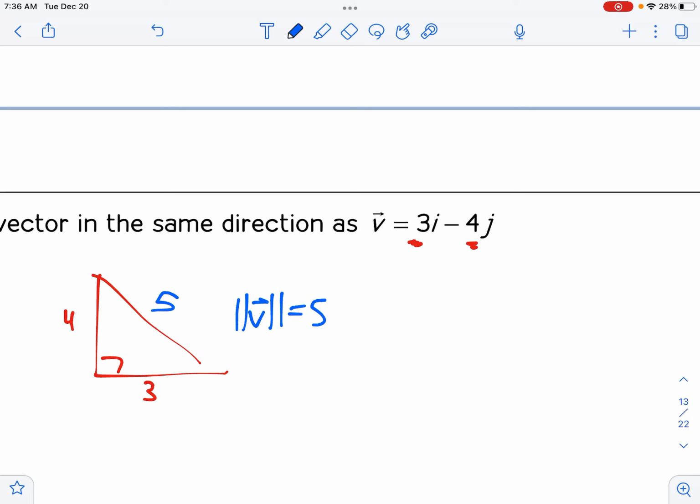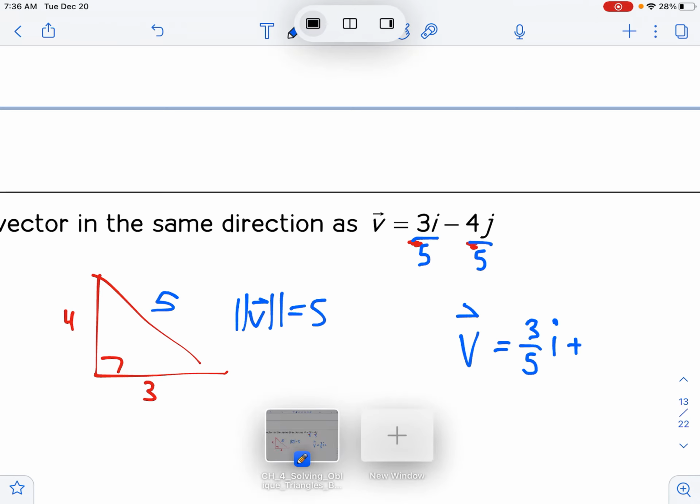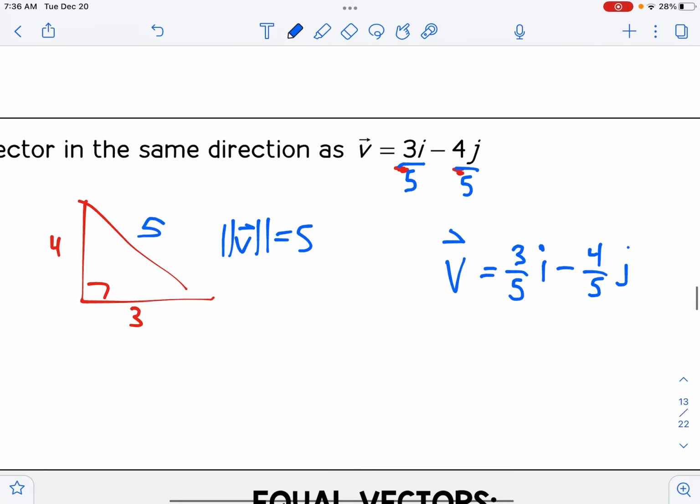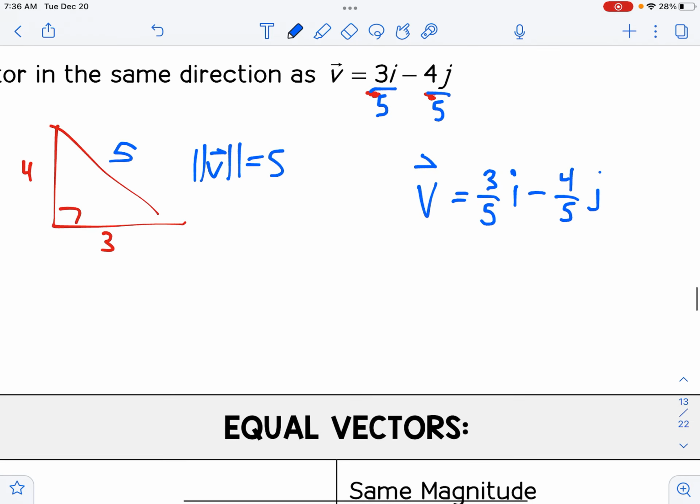If I want to find the unit vector, I simply take the vector I have and divide its components by the magnitude. So unit vector v is going to be 3/5 i, excuse me, minus, keep it the same direction, minus 4/5 j.